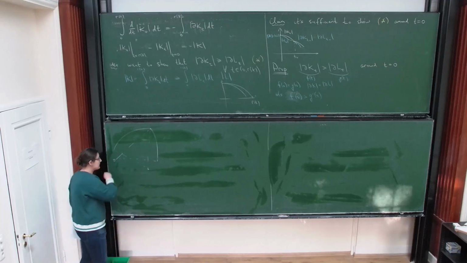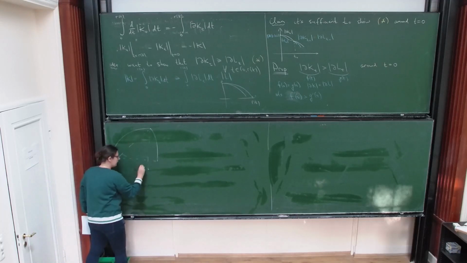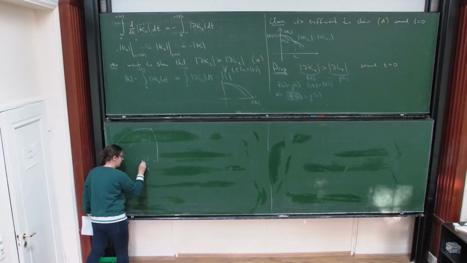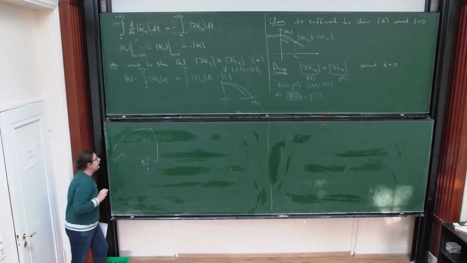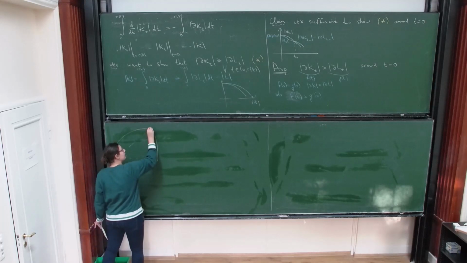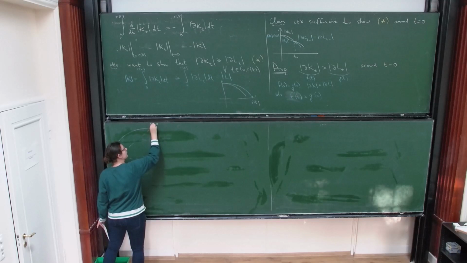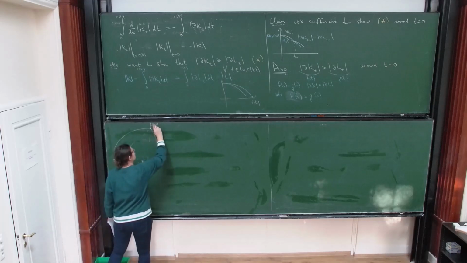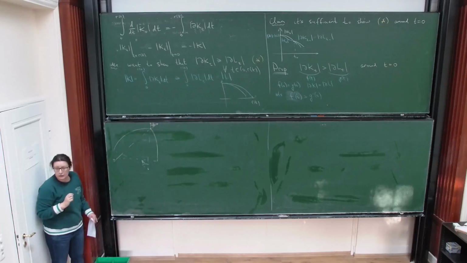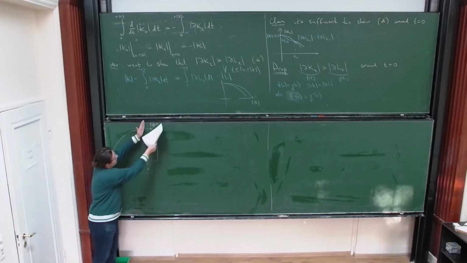So let me introduce a bit of notation. Let's say that each arc is subtended by some angle beta_i. And let's say that two arcs here meet at the angle gamma_i over 2. So I have the angles between the normals to the two arcs here.